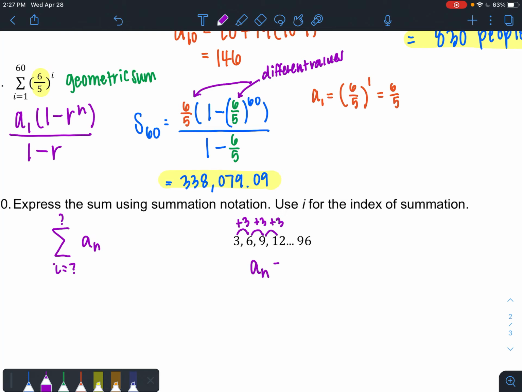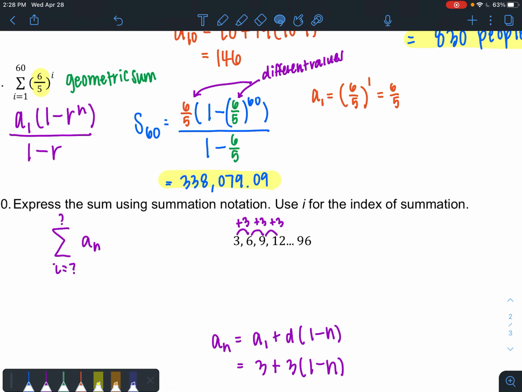We can use a sub n, and it's just going to be a sub 1 plus d times n minus 1. So what we get is 3 plus 3 times n minus 1. That's one way of doing it.